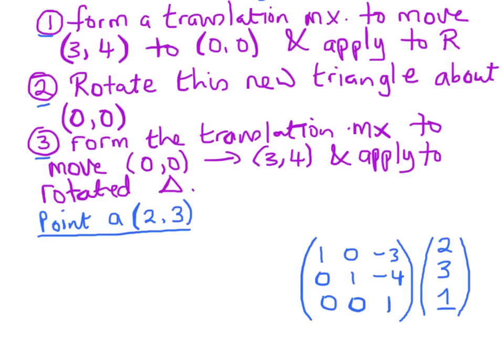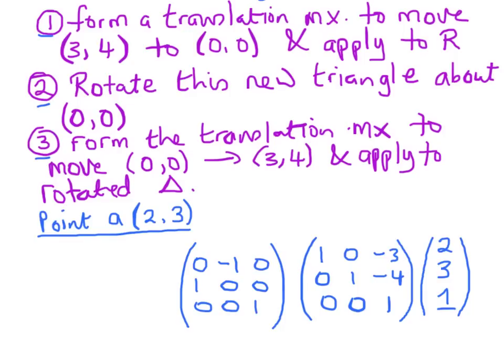For part 2, it says rotate the new triangle about 0, 0. So I'm going to find the new position of A. So rotate it anti-clockwise by 90 degrees about the origin. If you recall, the matrix we had for that is this: 0, -1, 0, 1, 0, 0, 0, 0, 1.